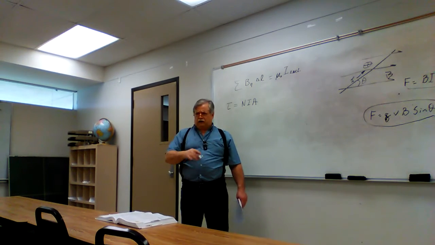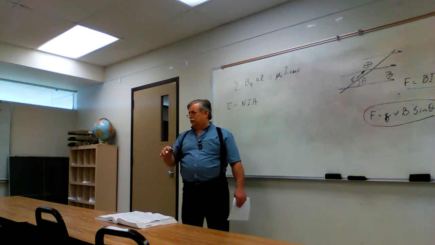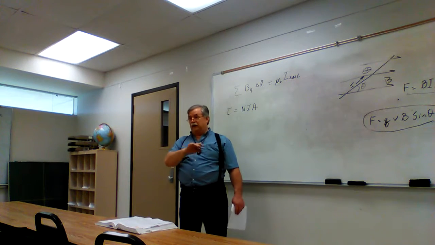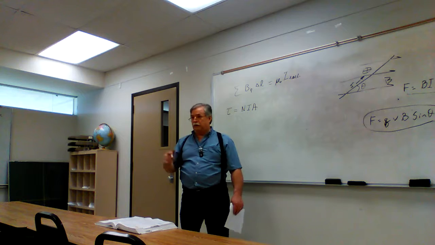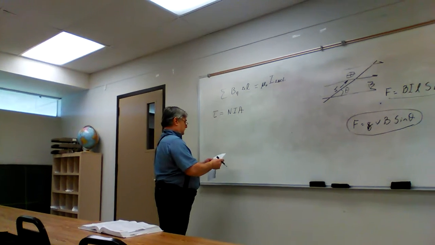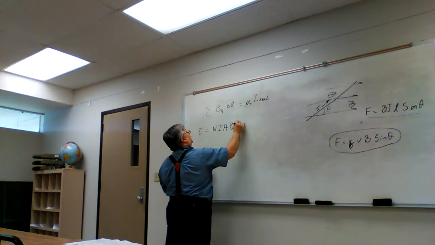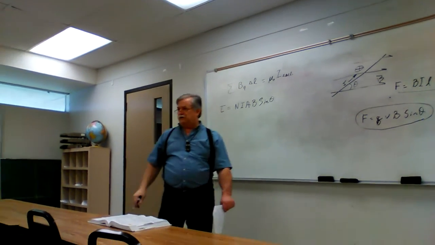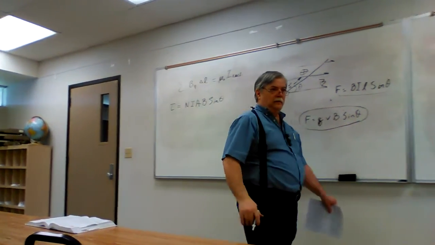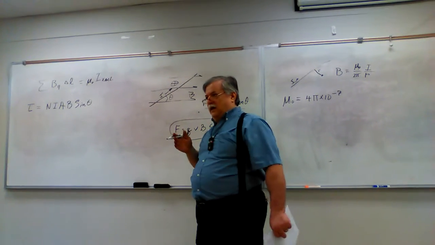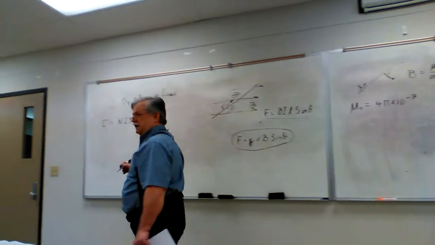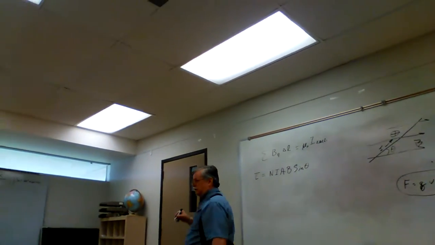And in fact, if you do the integration and you do the general case, it will always work out the same for any arbitrary shape of loop. Where the sine theta is the angle between the magnetic field and the face of the loop.